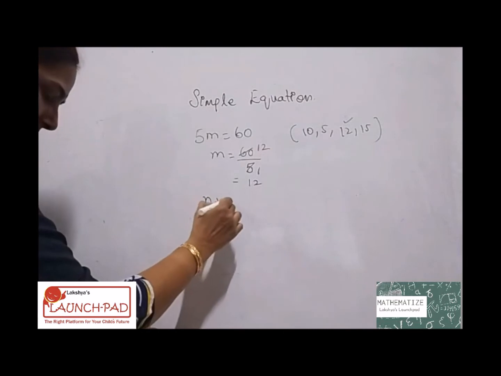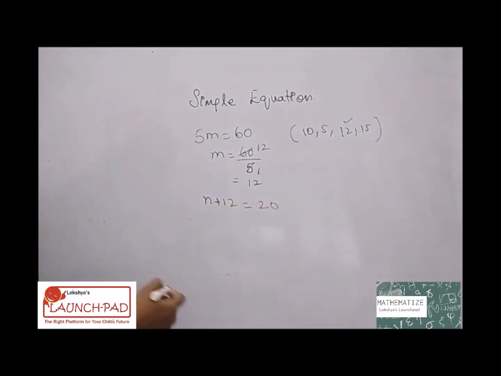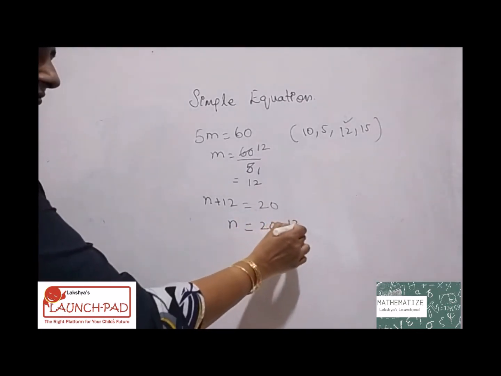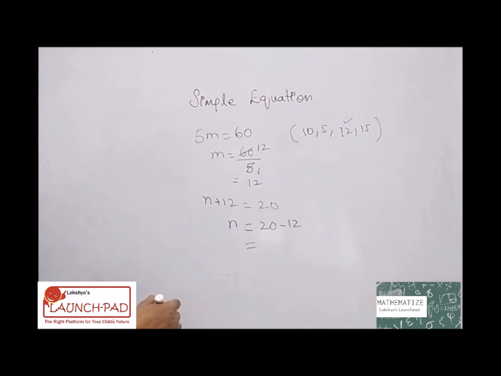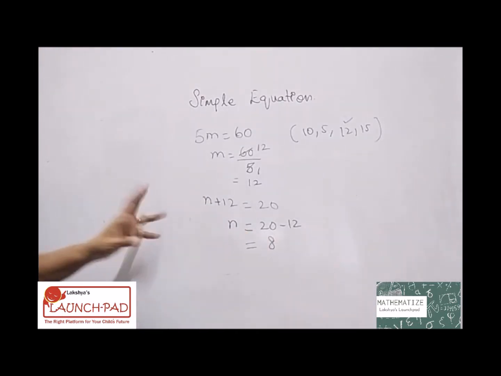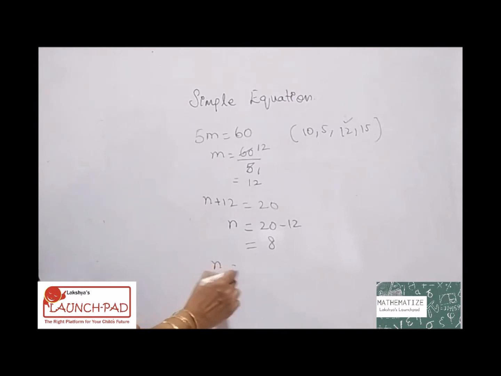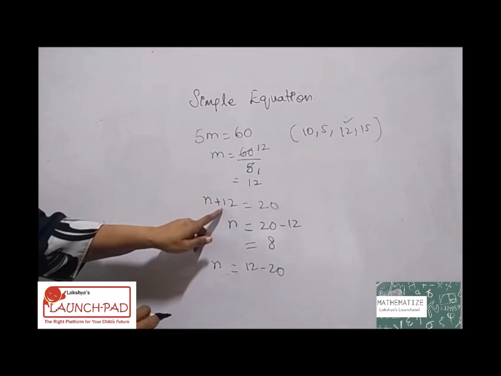n plus 12 equal to 20. n is equal to what? 20 minus 12. Correct. Which is 8. Some children will write it like n is equal to 12 minus 20. What happens if you write it like this?